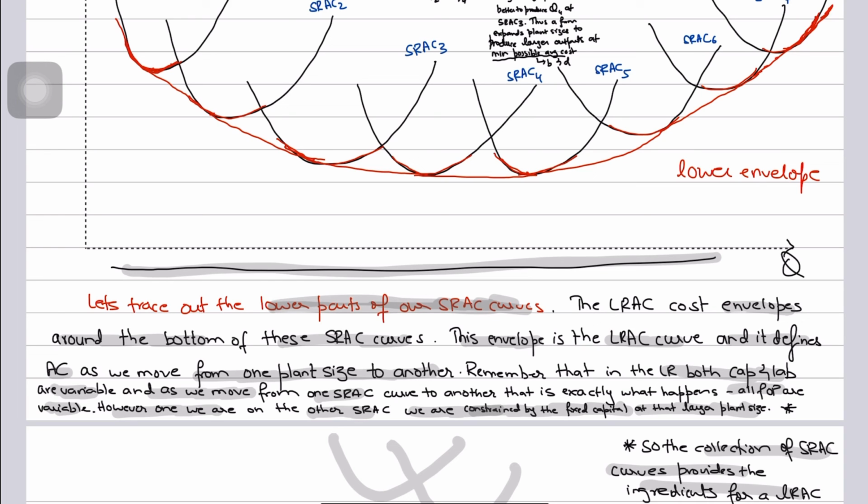If you join these points of tangency, you end up with the long run average cost curve.